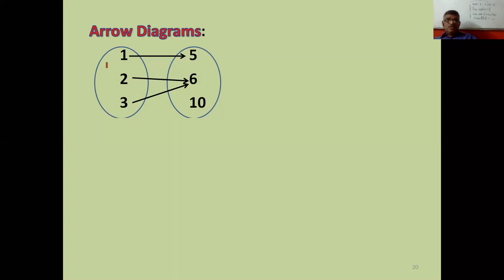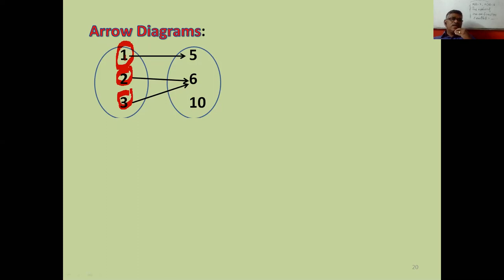Unique image. Take up one. Does one have many images? No. Does two have many images? No. Does three have many images? No. So it is a function. But many have the same image, so it is a many to one function. When is it not a function?